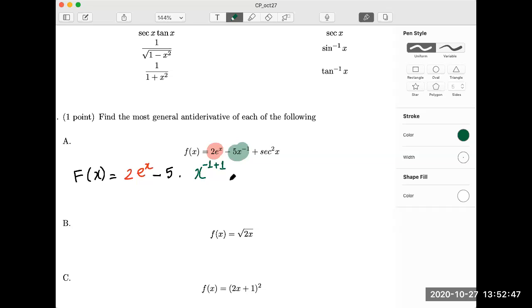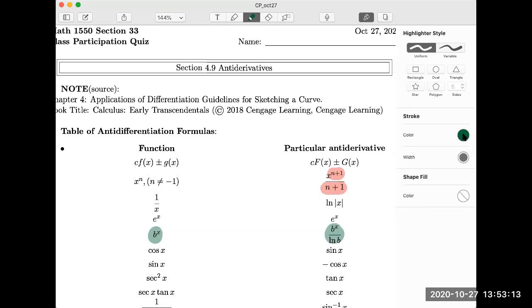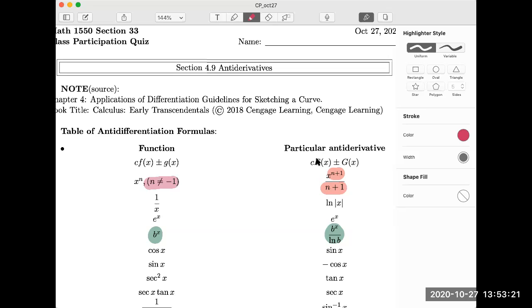What is it? Wow, be careful. If we do it here, then it will be 1 divided by 0, right? Which does not make sense. So be careful with this. So this is the typical way to do it, but it does not apply when n is negative 1. So that is why we have this notice here. n should not be negative 1, right? So be careful with this.